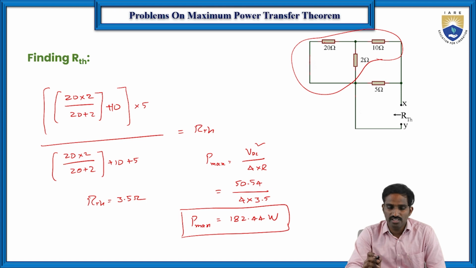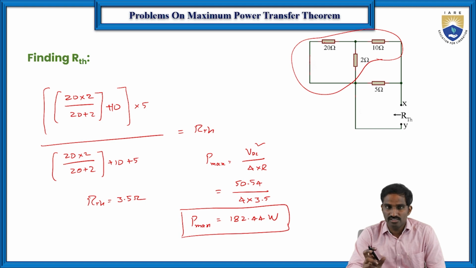But the thing is how to find the VOC, because here we have seen 7 different cases. In these 7 cases the VOC is different, because it is not just across only one resistor, or just across only one voltage source.